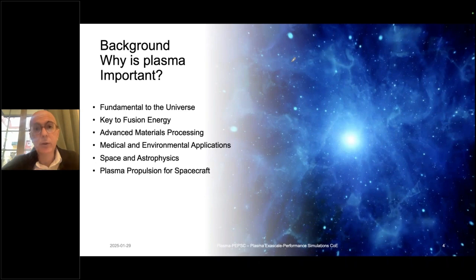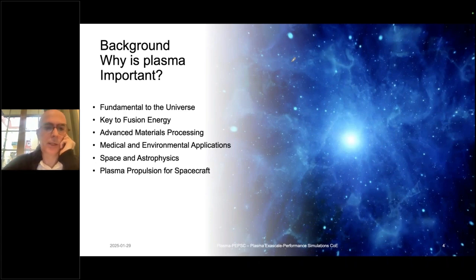We need to create plasma first, then heat it up, to be in a position of having fusion energy in a confined environment. It is also key for advancing materials processing, for instance, for chip production, for etching.